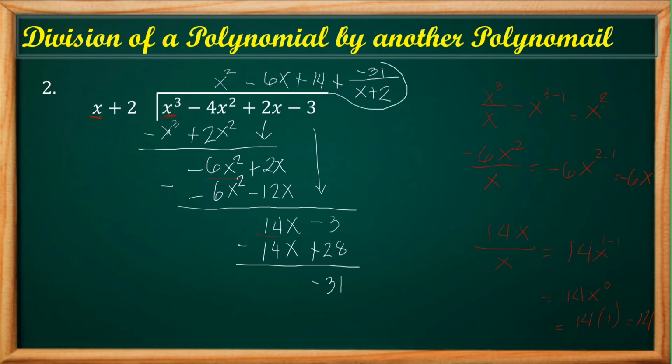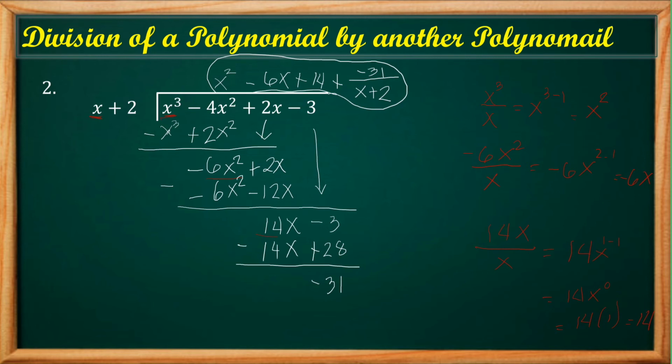Therefore, the quotient for this is x squared minus 6x plus 14 plus negative 31 over x plus 2. Okay, ganon pagsulat kapag meron tayong remainder. Hindi pwede yung r then negative 31. Plus our remainder here, negative 31, divided by our divisor.